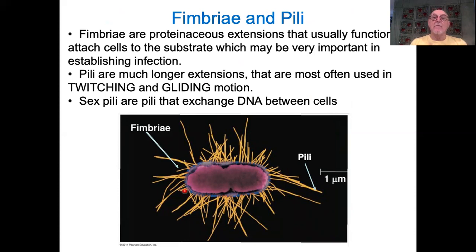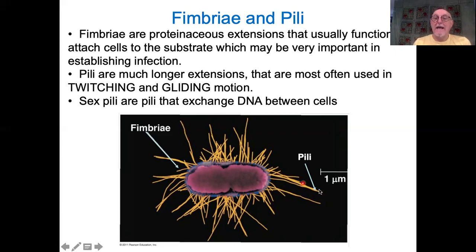Their usual function is to attach bacteria, to stick them to a surface. And they may be very important in establishing infection and also in establishing biofilms on surfaces. Those are the fimbriae. And there is another set, of very similar structure to the fimbriae, but which are much longer.